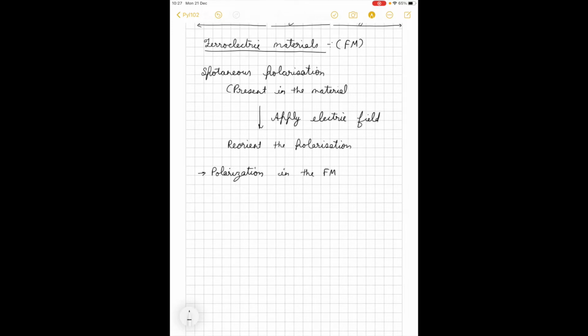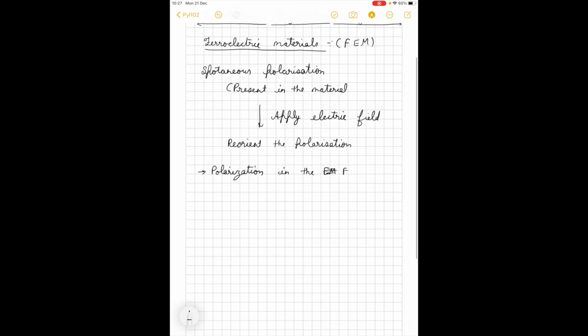So if you have a ferroelectric material after the application of the electric field, in magnetic materials we'll have something called ferromagnetic material. We'll see that later, but there maybe I can call it FEM, such that it will be clear that we are talking about the electric one. Okay, so this is FEM.